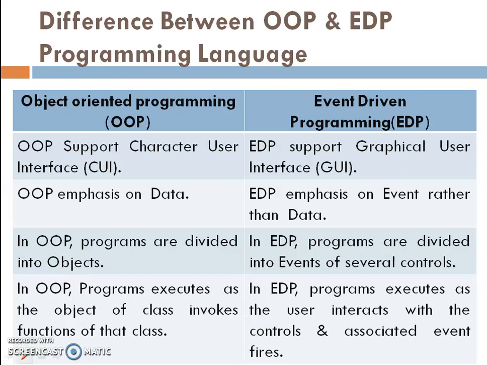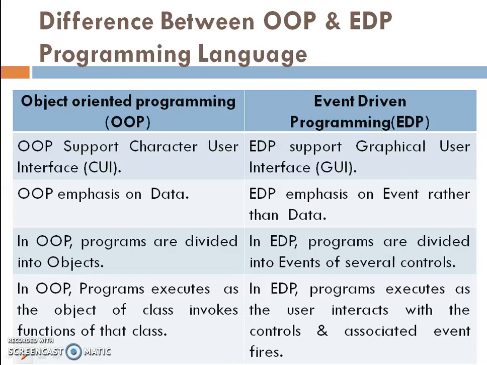Now next point, in OOP program are divided into object and classes. In EDP program are divided into event of several control. The next point, in OOP program execute as the object of class involve function of that class.